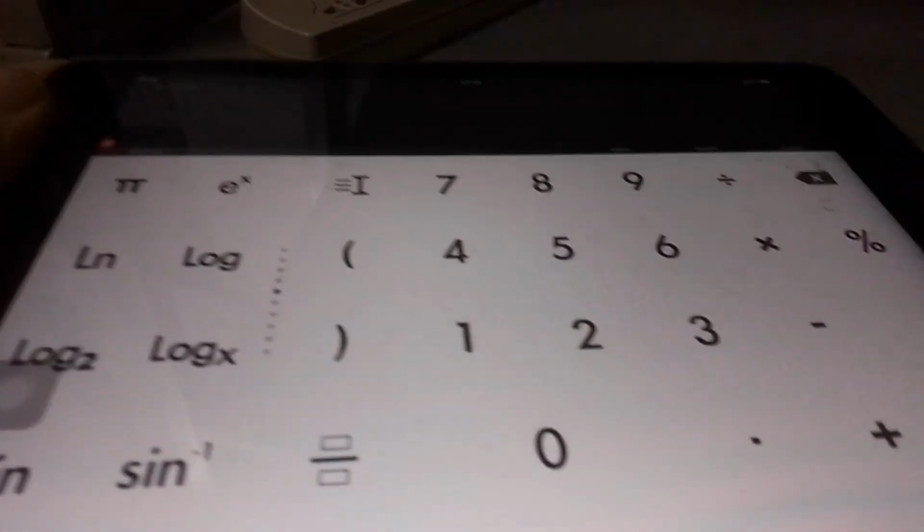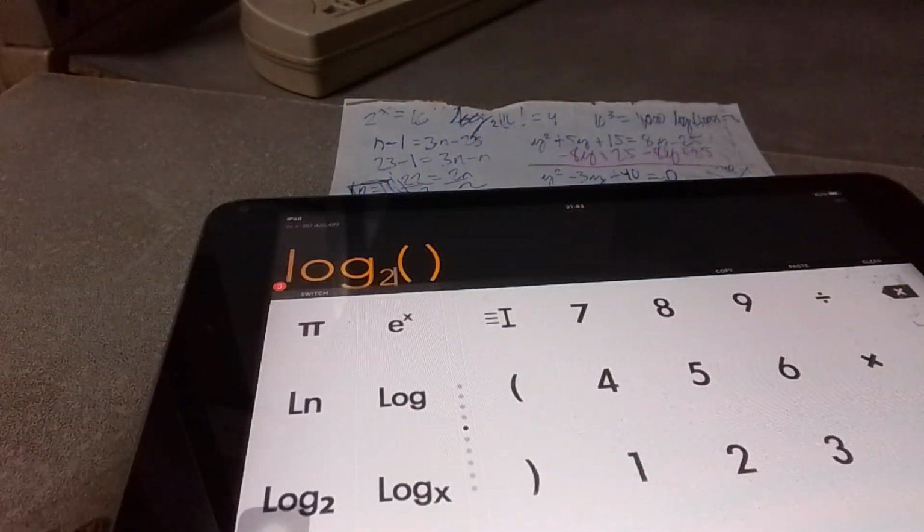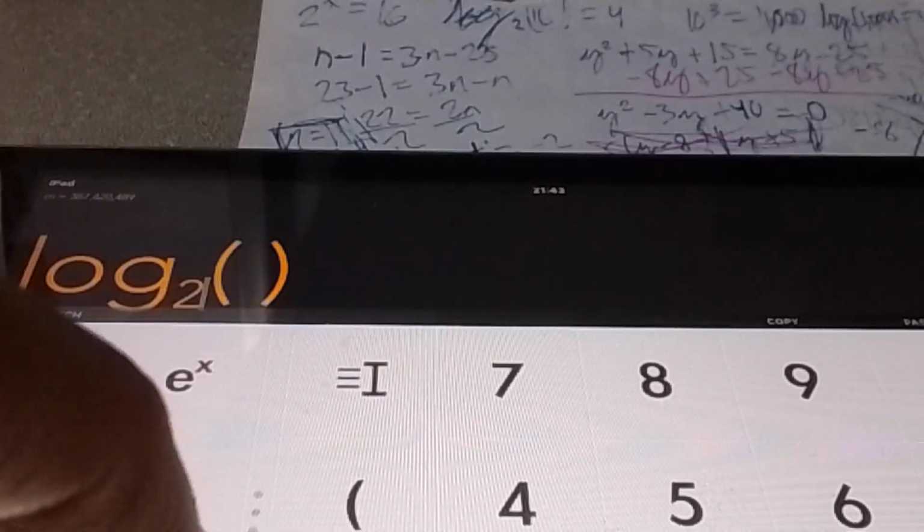Remember, we have here log base 2, you can put any number you like, log base 2 of, what's the answer that we get? 1 over 32.